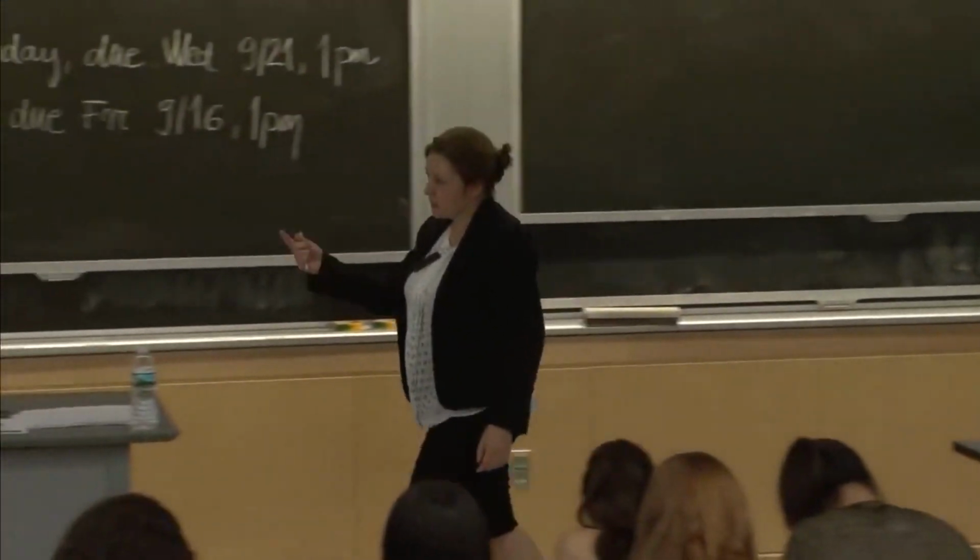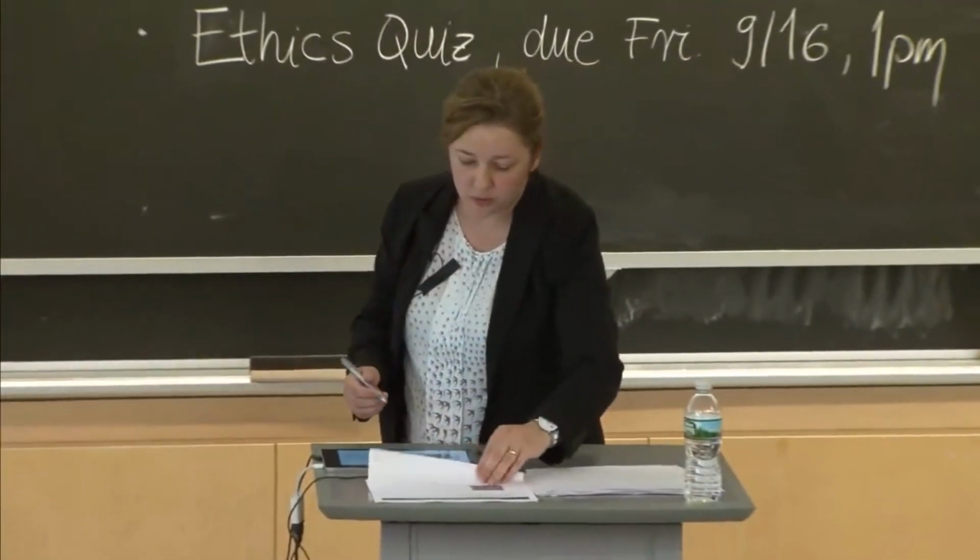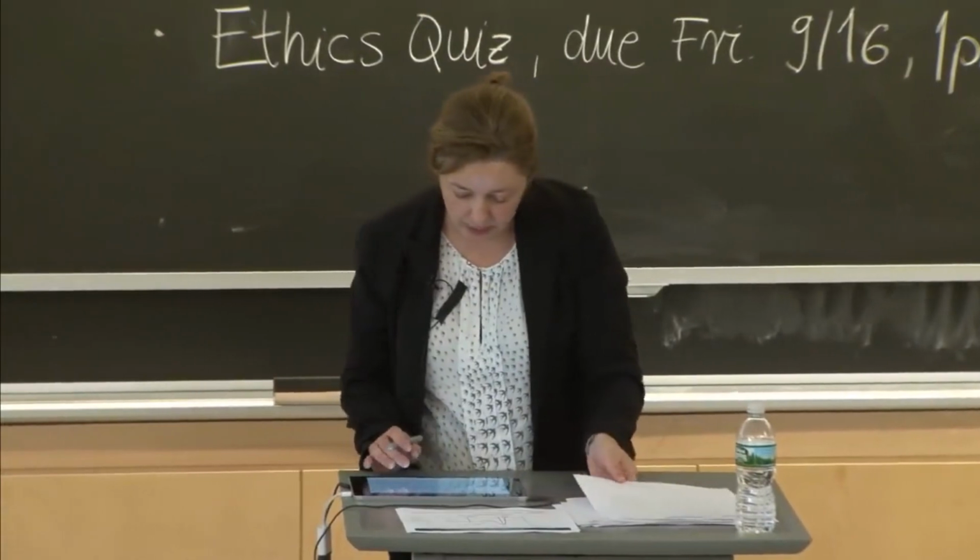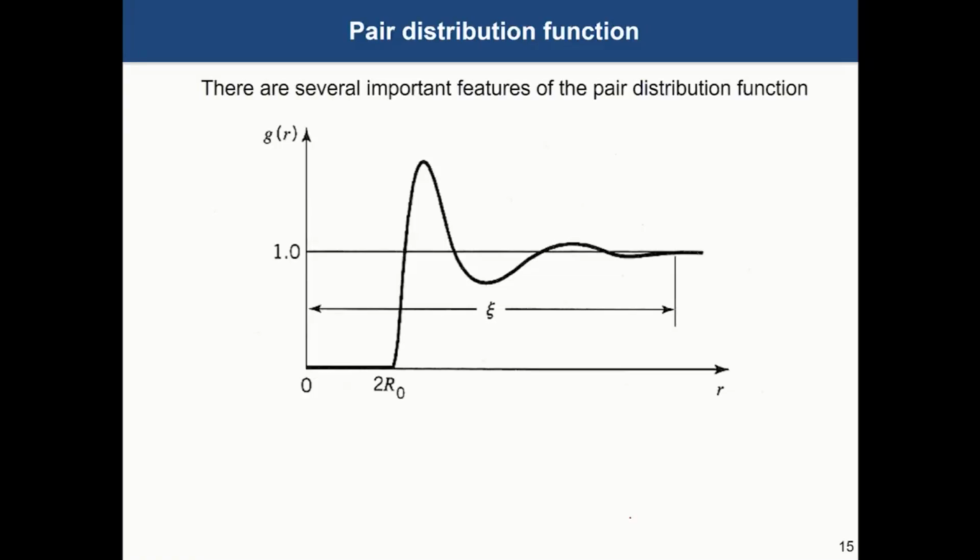So let's look at this particular graph in more detail and try to define things here. First, I can ask you a question: what is this value here? We know that the closest distance that two atoms can have is 2r₀. But the very first peak in this graph tells you the average distance to the first shell of nearest neighbors.